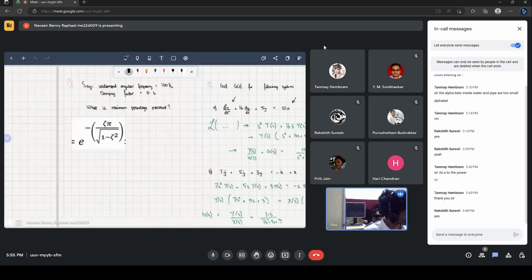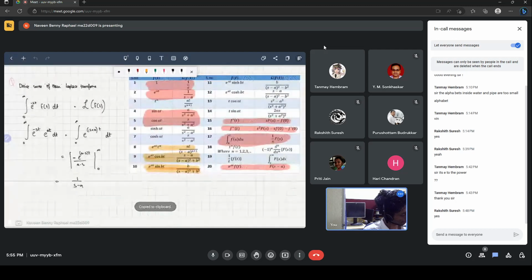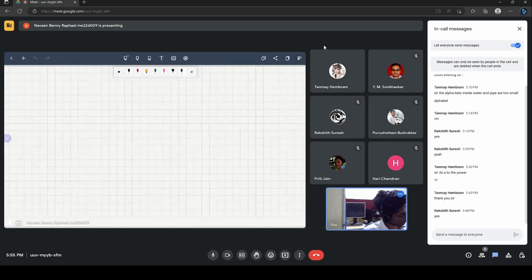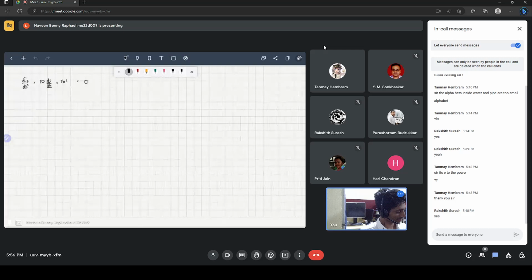Now let's try solving this equation with the Laplace transform. I hope I'm not moving too fast. Does this make sense? I'll take that as a yes.